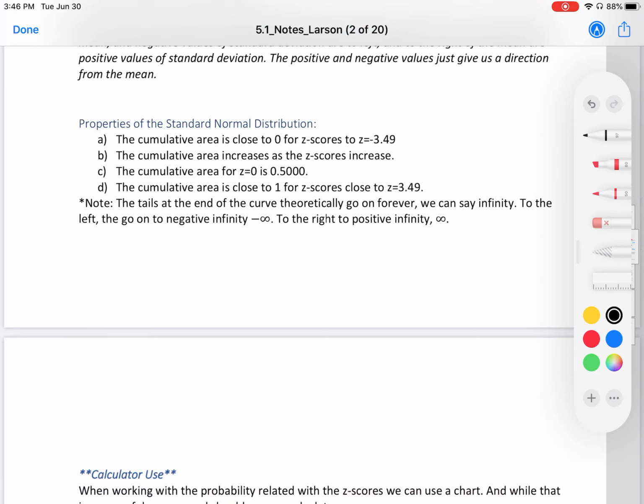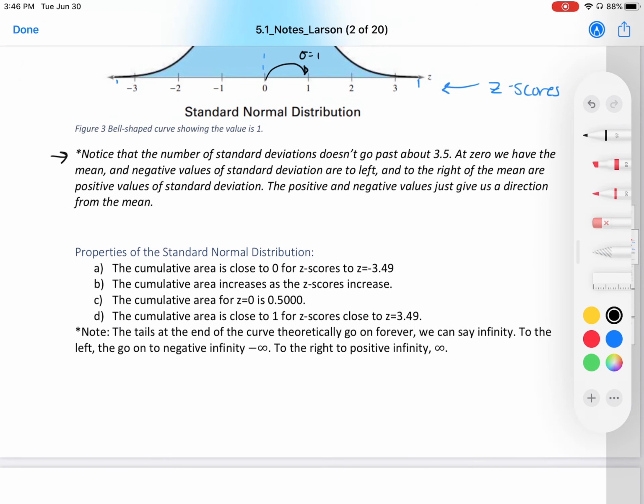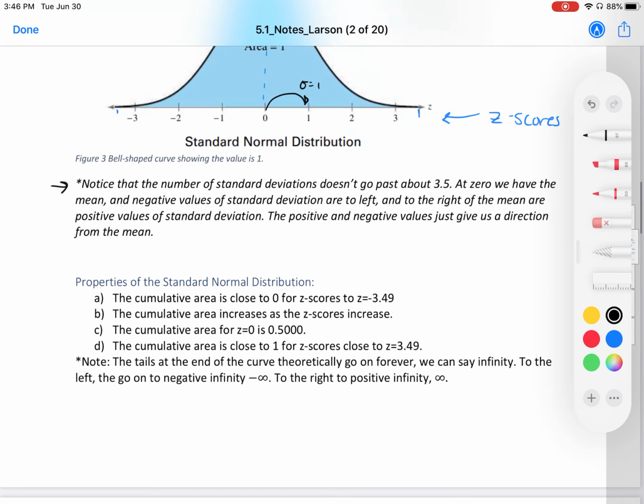Properties of the standard normal distribution. A, the cumulative area is close to 0 for z-scores close to z equals negative 3.5. I'm sorry, 3.49. So your area is close to 0 when it gets close to this point, about negative 3.49.